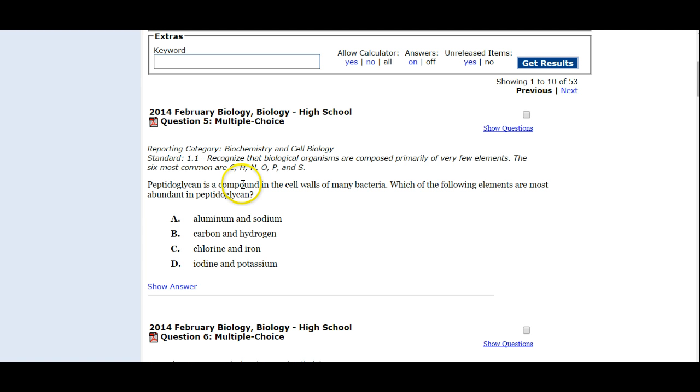So if you know CHNOPS and it's a living thing, what's it going to be made of? So you could pause right here before you answer the question. And the answer, of course, is B, carbon and hydrogen, because living things are made of CHNOPS. So they're going to be made of carbon. Living things are made of carbon. Okay, so that's a very common living things kind of question.